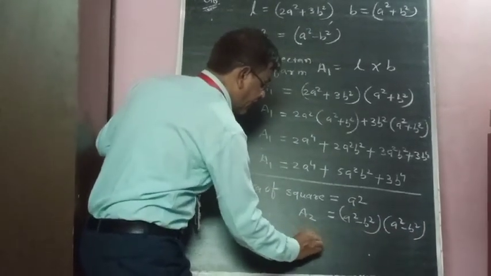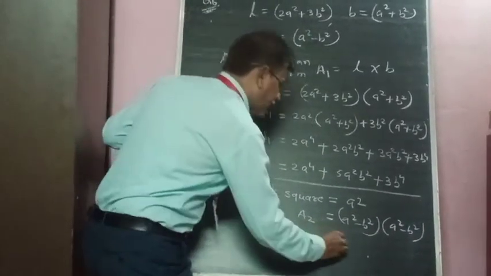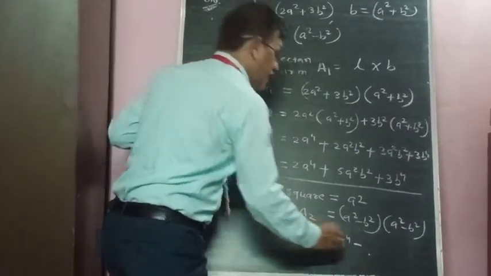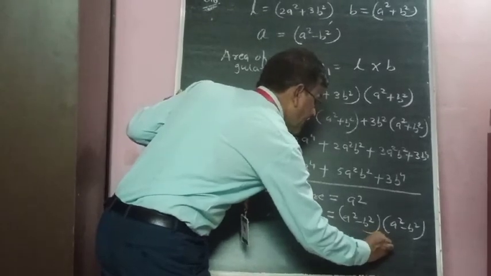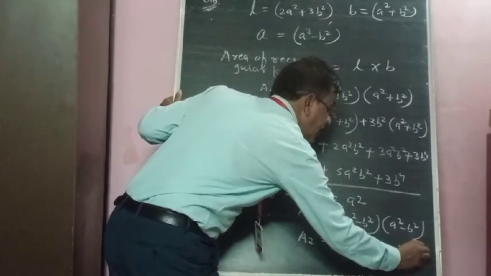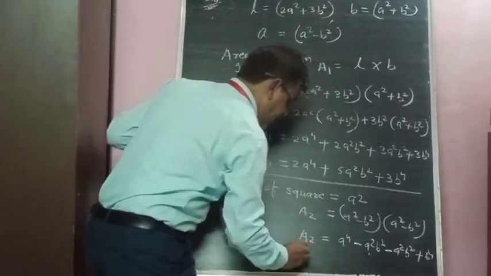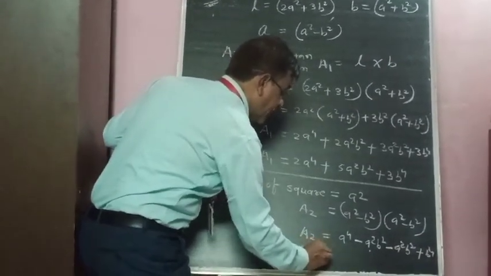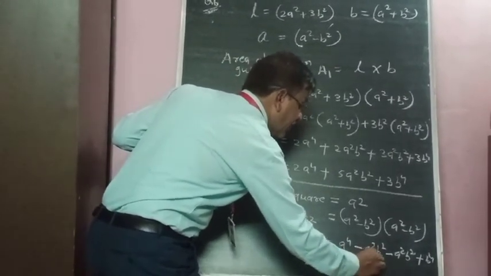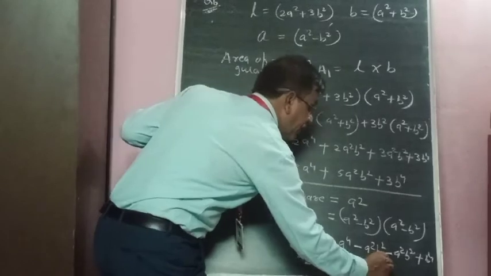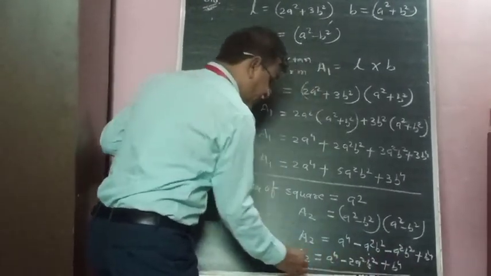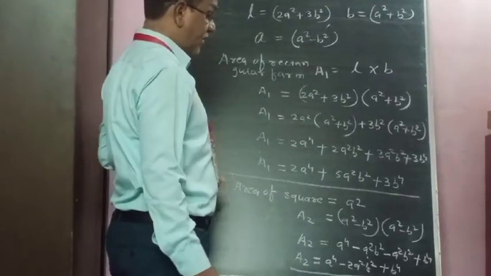Therefore, A2 is equal to a raised to 4 minus a square b square minus a square b square plus b raised to 4. It means A2 is equal to a raised to 4 minus 2a square b square plus b raised to 4. This is the area of the house built on the rectangular farm.